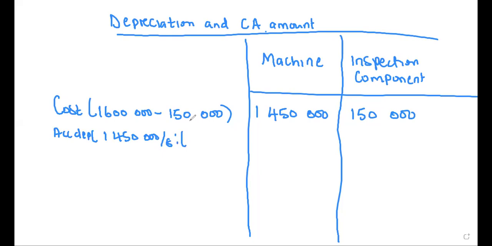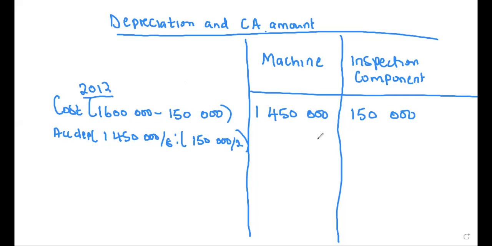Then for the inspection component, it's going to be 150,000 divided by 2. So that is going to be our depreciation. Remember, the question says for 2012. So this one is for 2012.